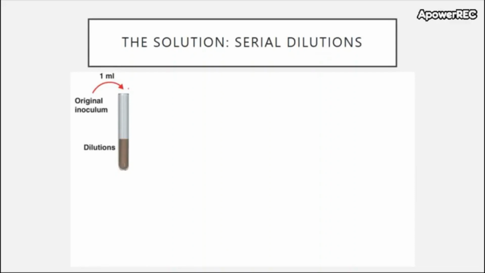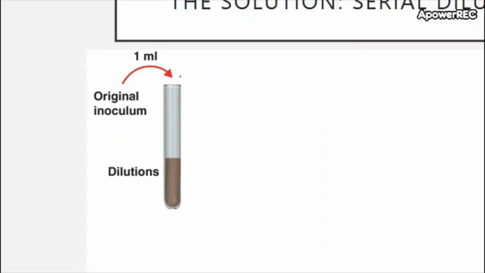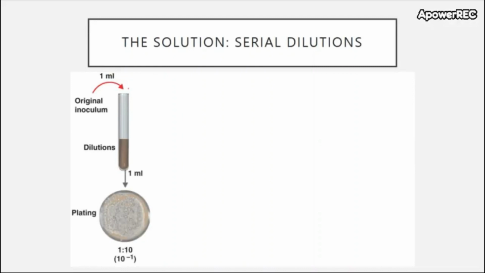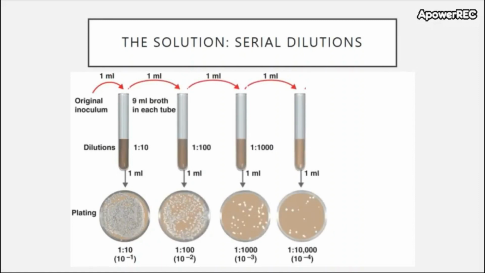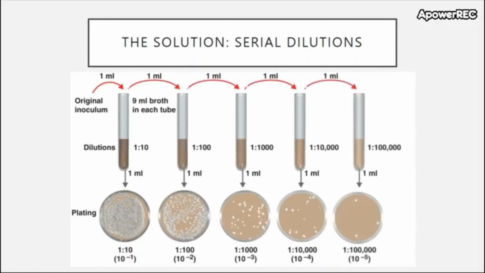So serial dilutions are a process of progressively watering down a bacterial culture to make it more dilute until you can isolate individual colony-forming units and then count those colony-forming units, and then use math in order to calculate the original inoculum.